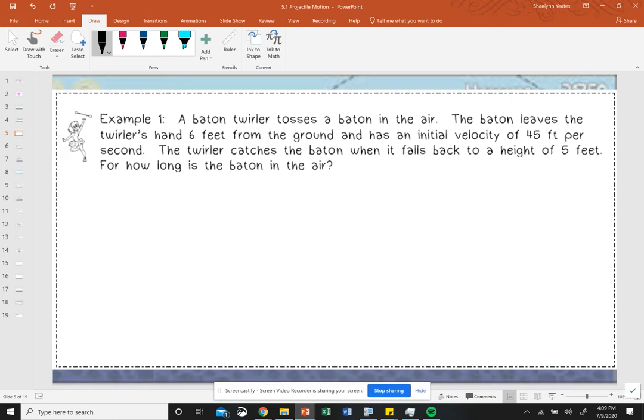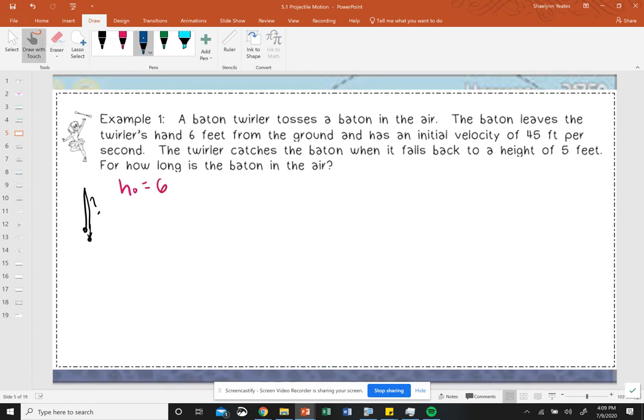Okay, so basically this looks like this. It leaves her hand here, goes up, and comes straight back down, and lands about here. How long did that take? Okay, that's what we're wondering. So we need to identify a bunch of things. First thing, starting height. What's our starting height? 6 feet.